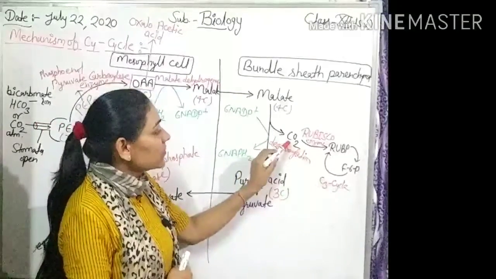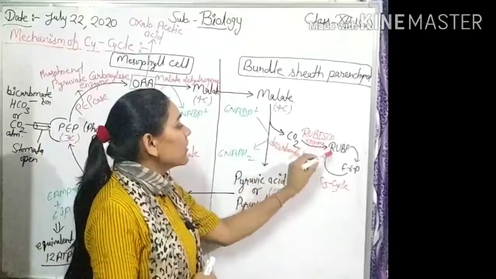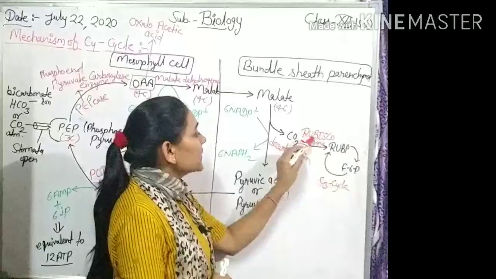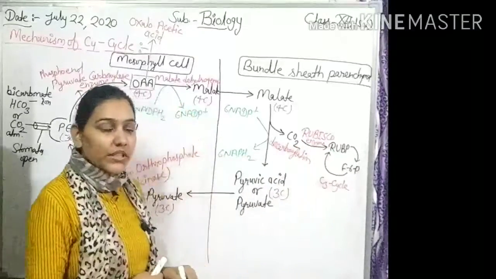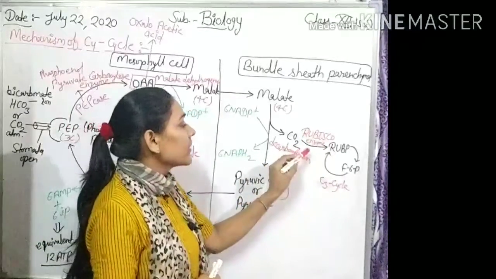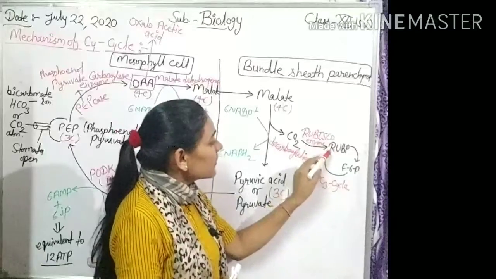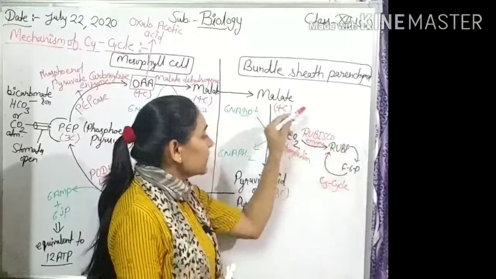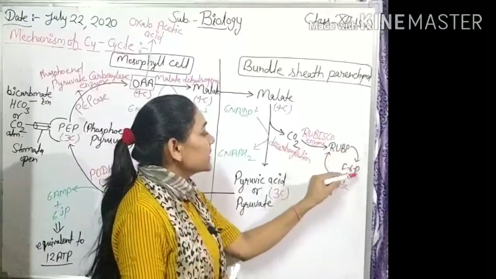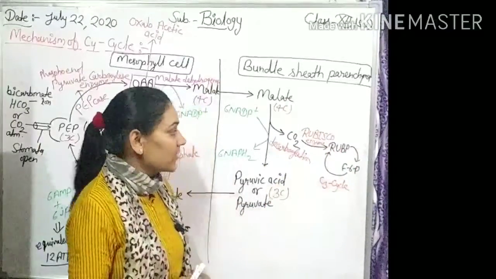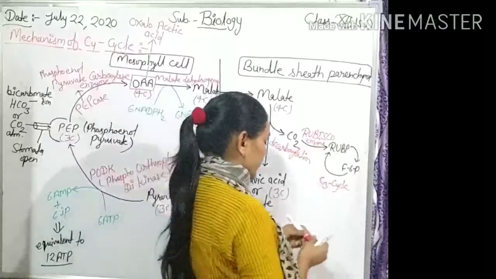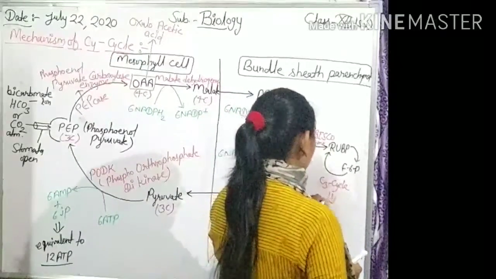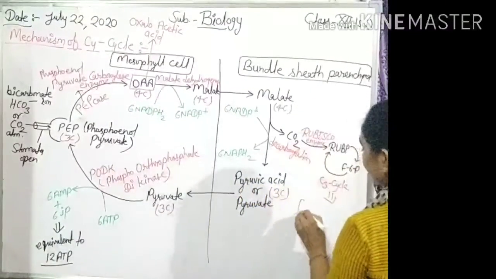The released CO2 is fixed in the presence of RuBP carboxylase, or Rubisco enzyme. Here RuBP is the CO2 receptor in bundle sheath cells. Then the C3 cycle starts and hexose sugar is formed.